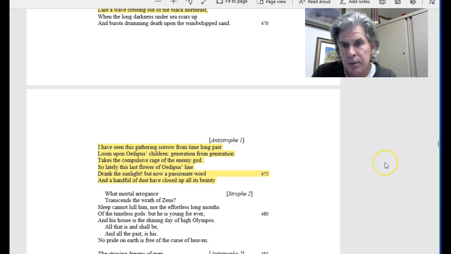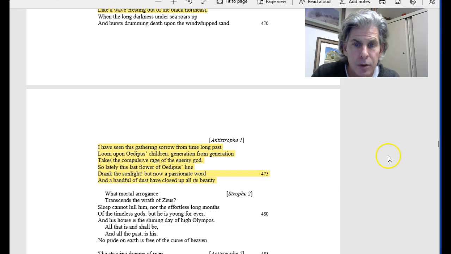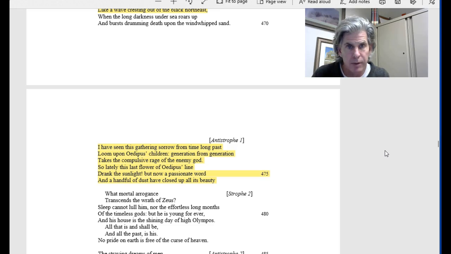"I have seen the gathering sorrow from time long past loom upon Oedipus's children, generation from generation. Takes the compulsive rage of the enemy god." And again, notice that this has come upon Oedipus and the children of Oedipus. It's as if they cannot resist it. The rage has been described as if it's a wave, as if it's a natural effect that they can't do anything about.